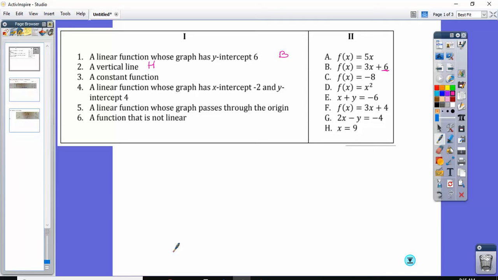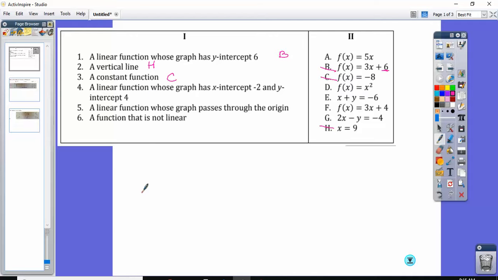Horizontal line. What's the equation of a horizontal line? Y equals a number. If it's written in function notation, f of x is the same thing as your y. So we just need f of x equals a number, so that would be C. All right, so we've used these so far.